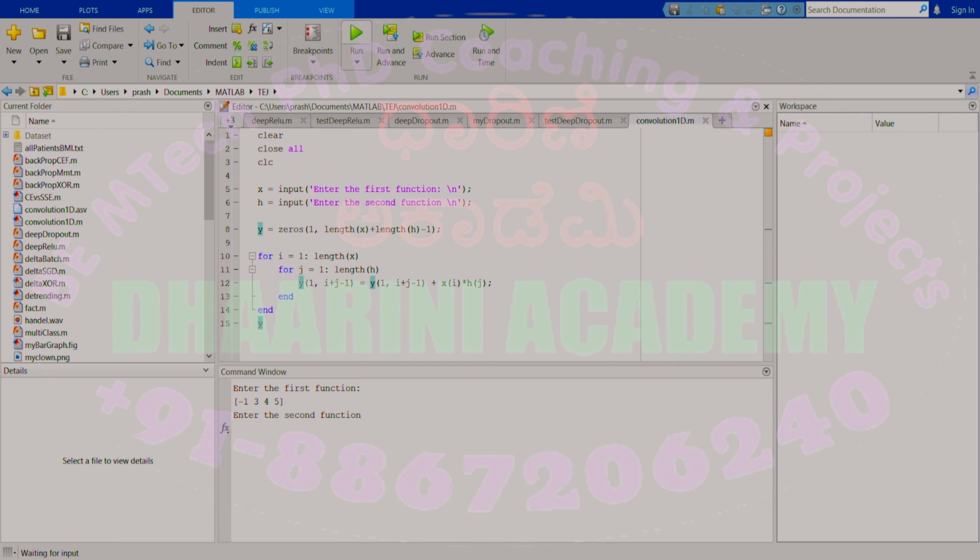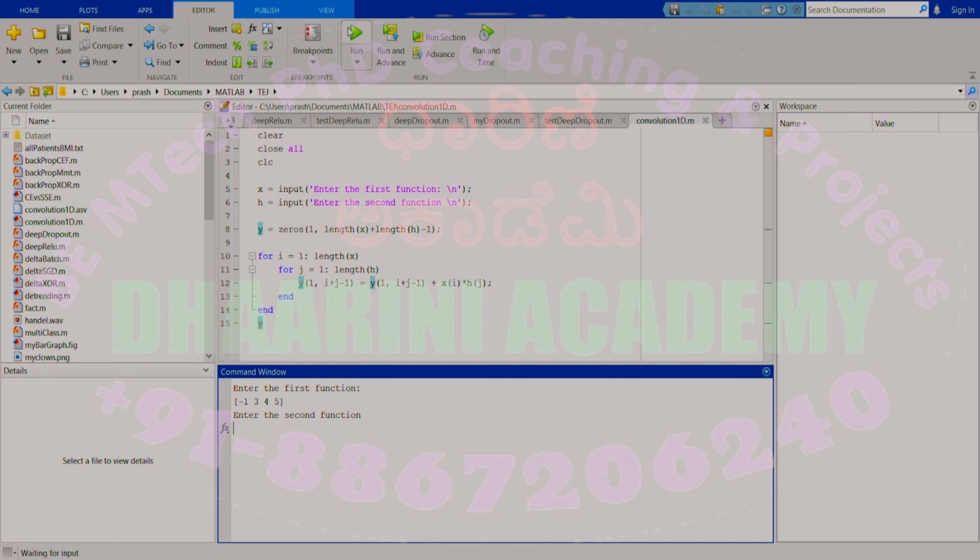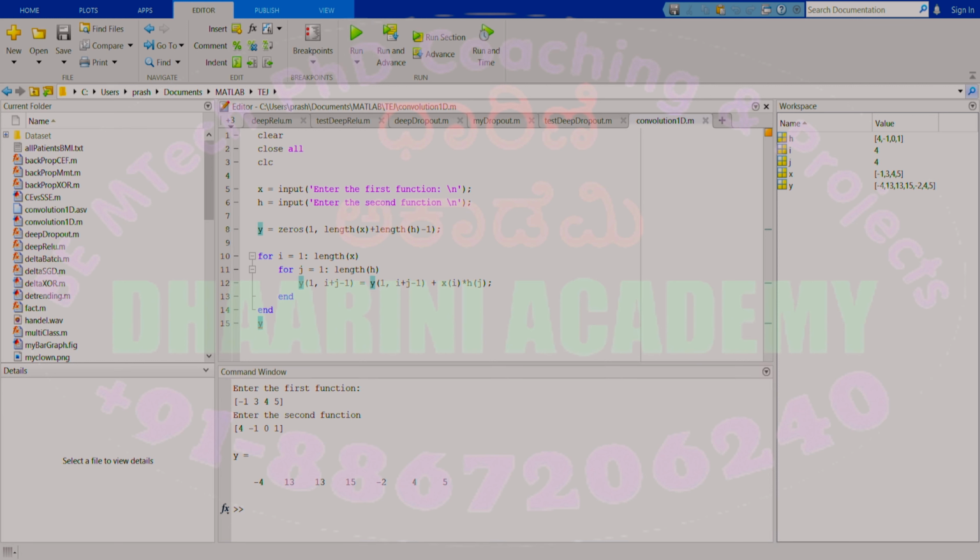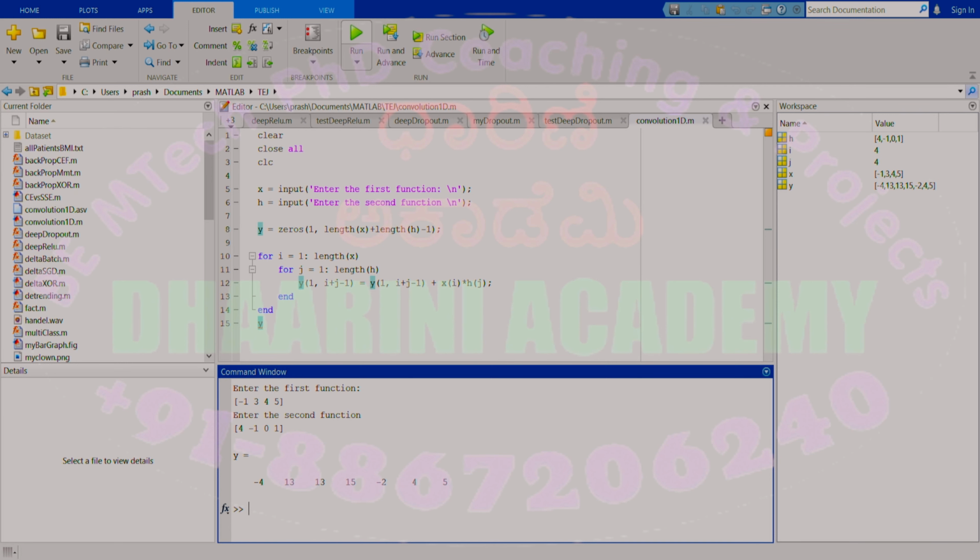You know that it is 4 -1 0 1. All right, so you can just check your answer. -4 13 13 15, -2 4 and 5. Absolutely fine. So every value you had calculated is correct, right? Except the index. Anyway, now you know how to correct the indices.